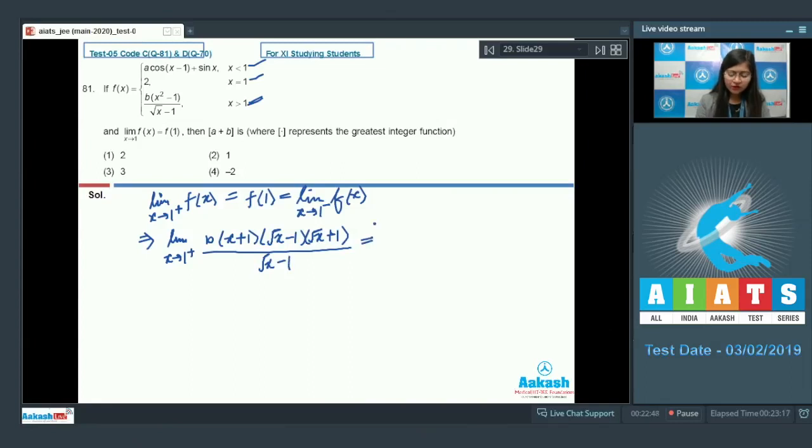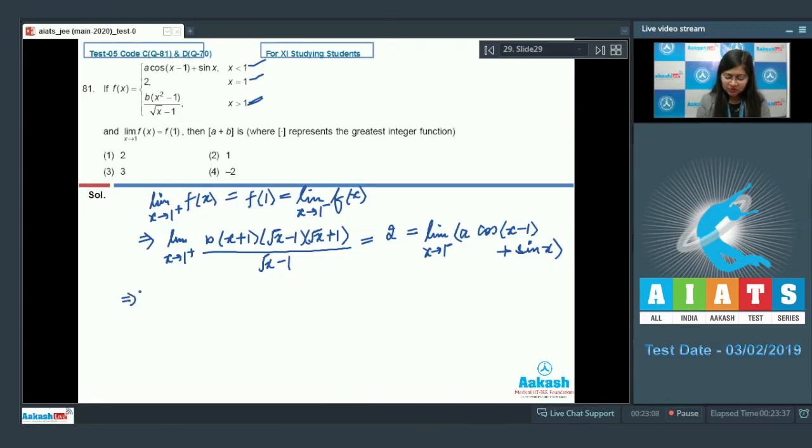So this is equal to f(1), that is equal to 2. This is again equal to the limit x tending to 1 minus of a into cos(x minus 1) plus sin x.